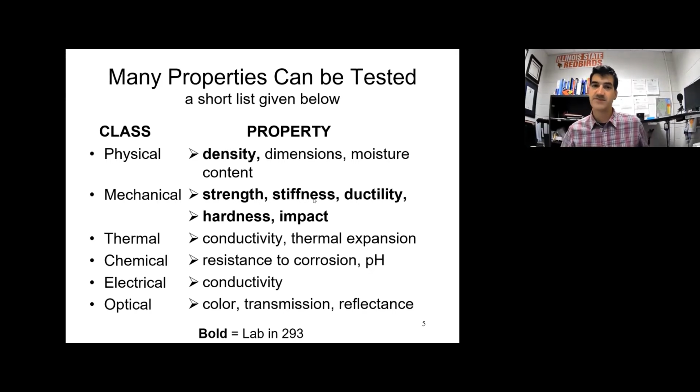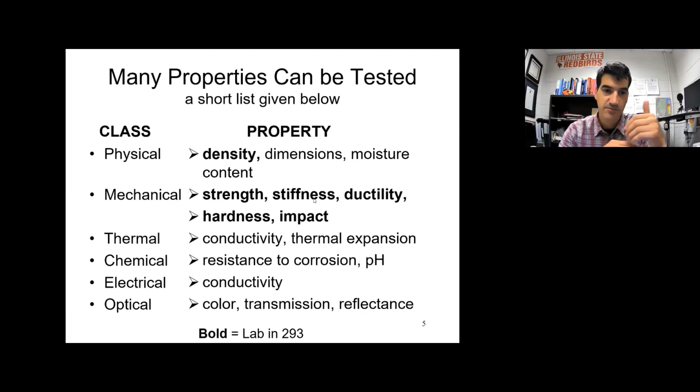In 293, we emphasize mechanical properties of materials, hence the name of the course. And so we are going to do tests for strength and stiffness and ductility and hardness and impact strength as well, or impact toughness, actually. We're also going to talk about density, and we're going to do dimensions as well.